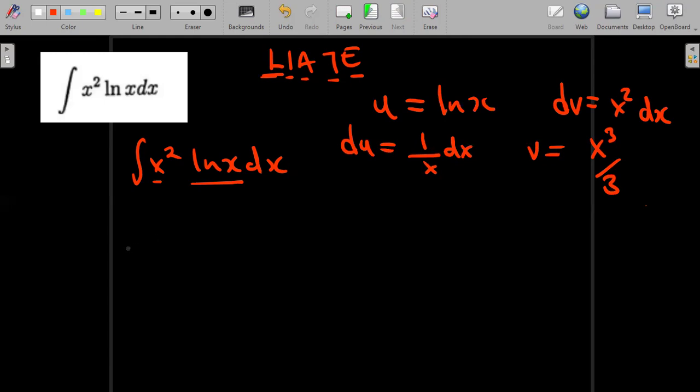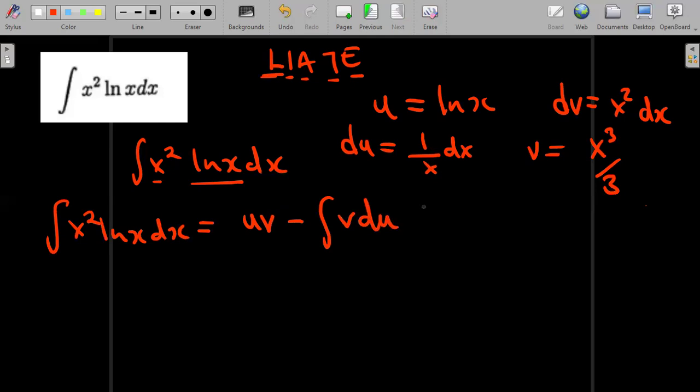So now what I do next is say the integral of x squared ln of x dx is equal to u multiplied by v, then minus the integral of v du. So now let me replace what I have.